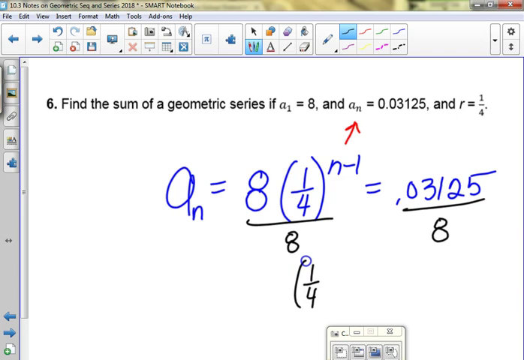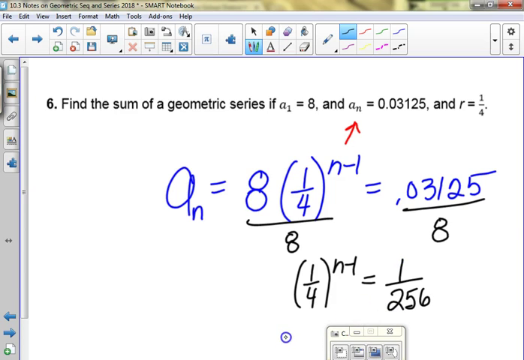So I now have 1/4 to the n minus 1 equals 0.03125 divided by 8. Math, enter, enter, is 1/256.